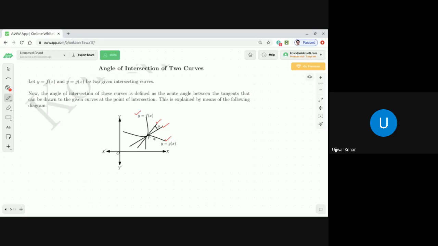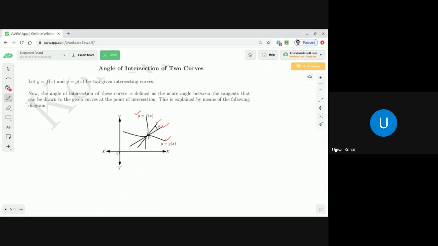In this case they are actually touching each other, but that is also true. That angle between these two tangents is known as the angle between the two curves. Clear, dear students? I hope it is clear.